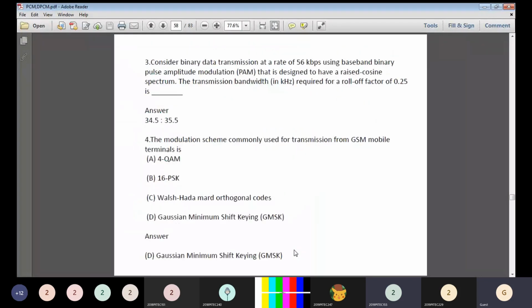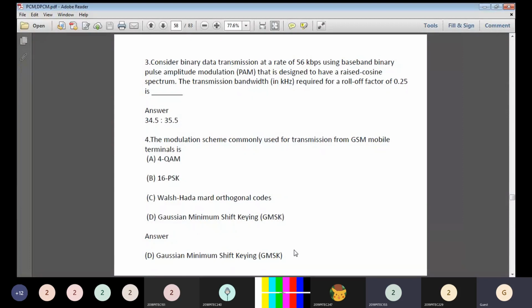Then, the modulation scheme commonly used for transmission from a GSM mobile terminal is, which modulation scheme are we using in mobile transmission? The first option is 4 QAM, second option 16 PSK, third option Walsh codes with orthogonal codes, fourth one is Gaussian minimum shift keying technique.